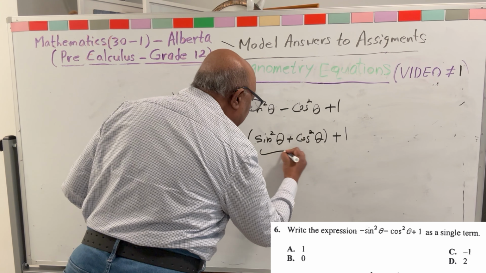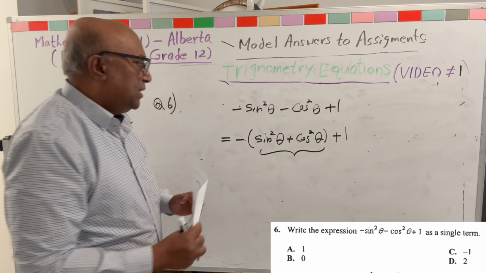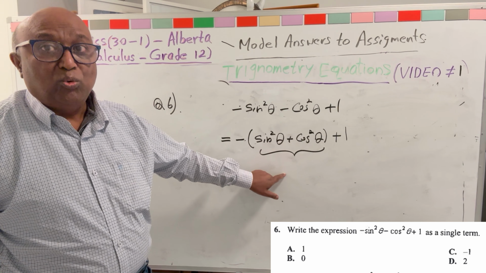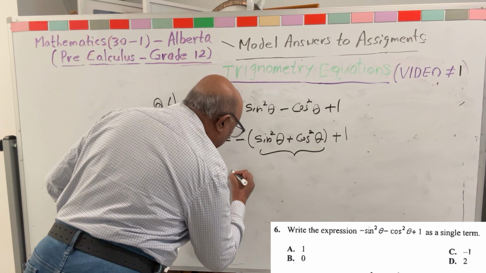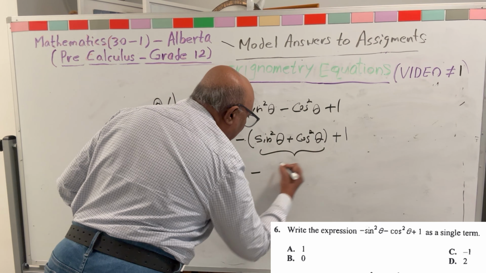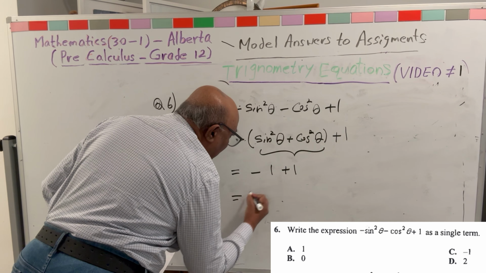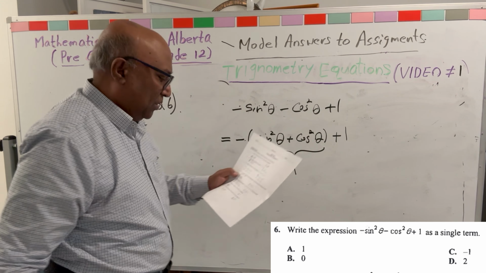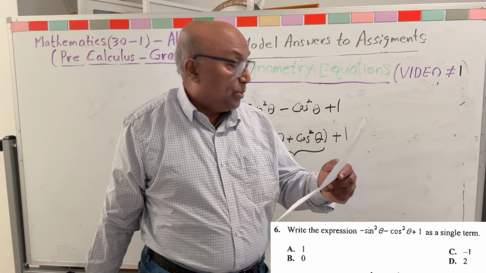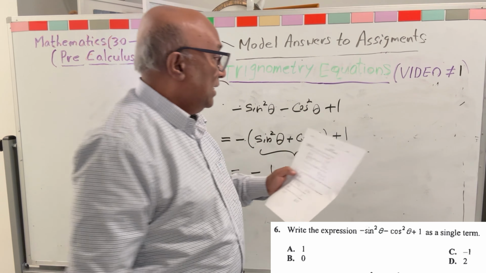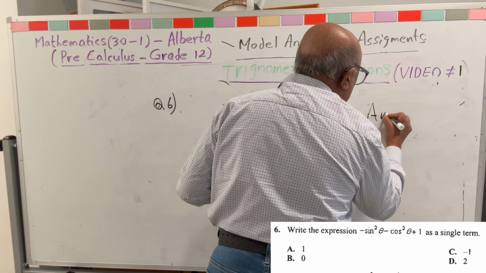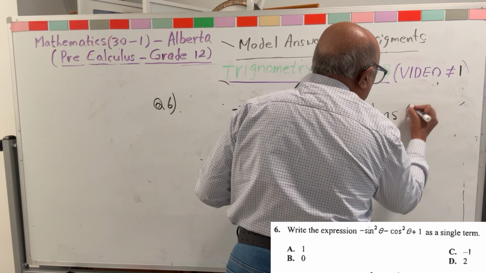From the Pythagorean identity, we know that sine square theta plus cos square theta is equal to 1. That means the answer will become minus 1 plus 1, which is 0. That means the answer is option B. Answer is B.